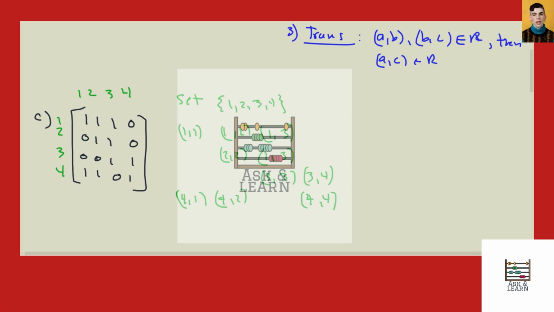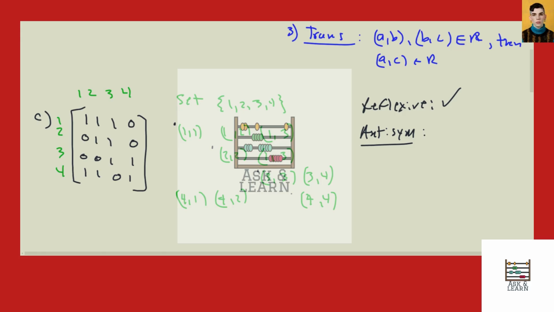Okay, so let's check to see if this is reflexive. So we have 1, 1, 2, 2, 3, 3, and 4, 4. So it is reflexive, so that checks. How about anti-symmetry? All right, so we don't need to check the diagonals, we just need to check the other ones. So we have 1, 2, but no 2, 1, so that's good.